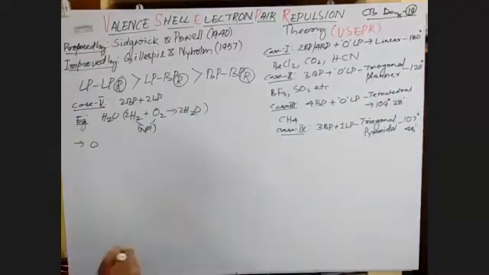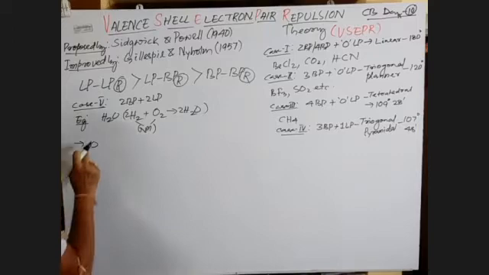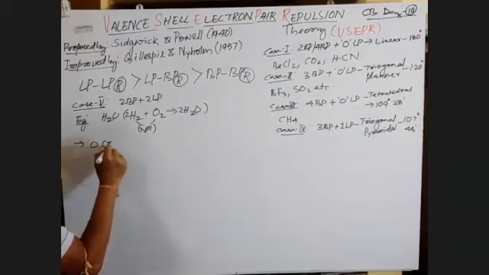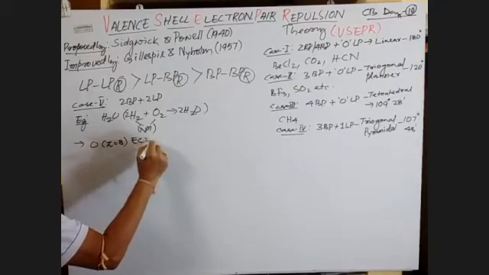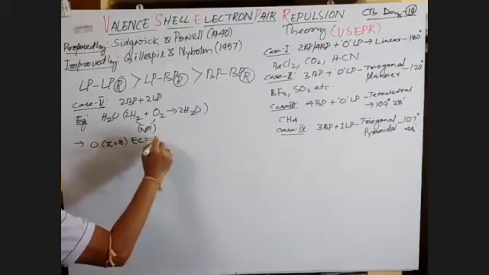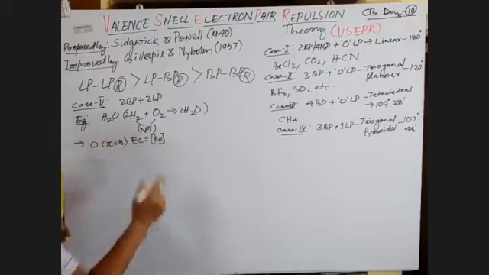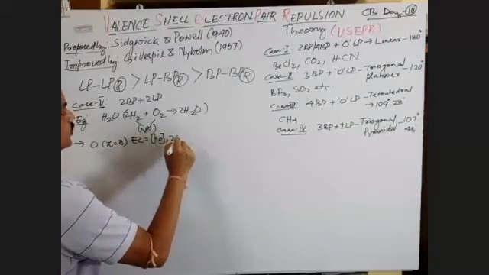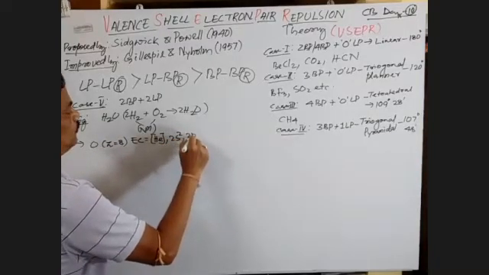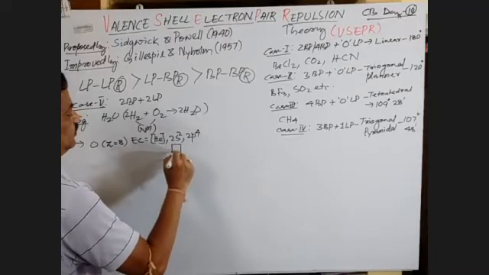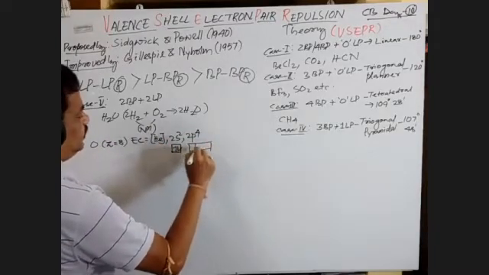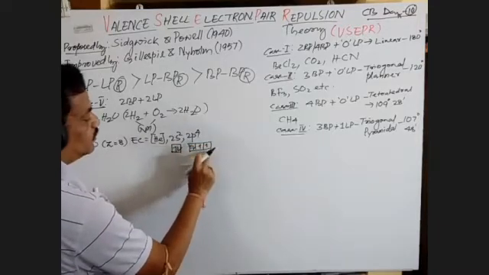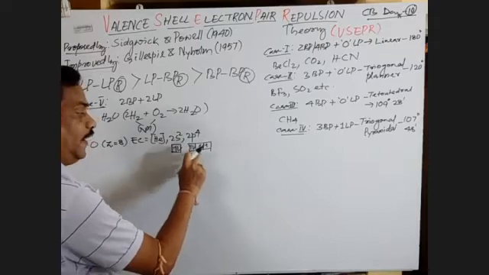Okay. So oxygen is the central atom. Atomic number is how much? 8. The electronic configuration is the helium configuration, 2 electrons over, next 2s2, 2p4. So the 2s is completely filled and the p orbital is partially filled, with 2 unpaired electrons in 2py and 2pz.